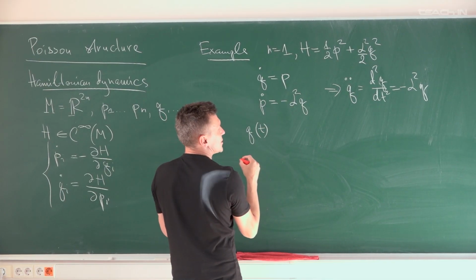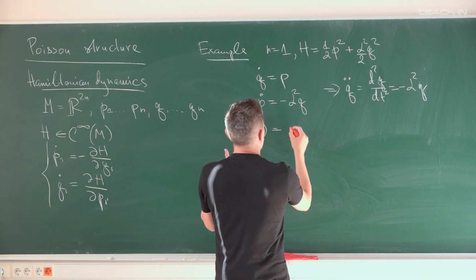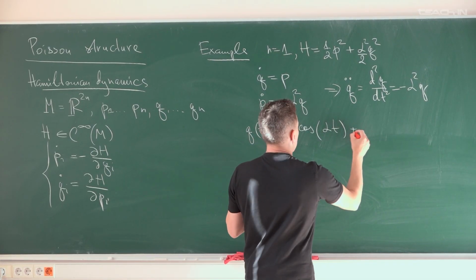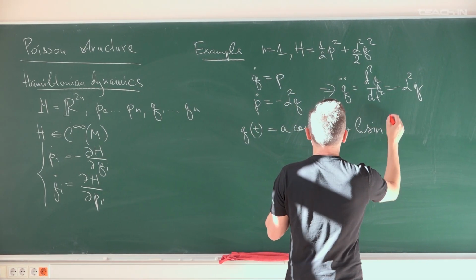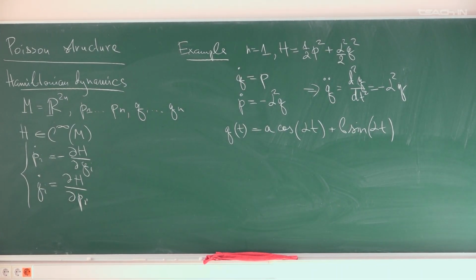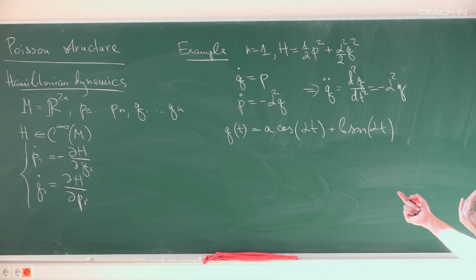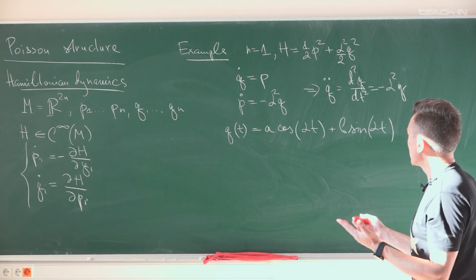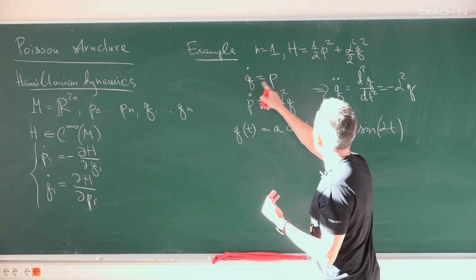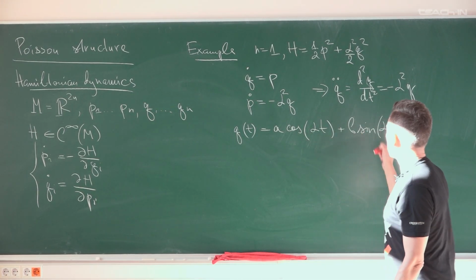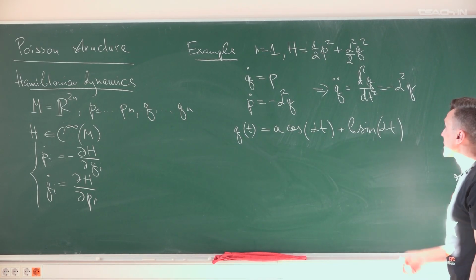So q depending on t is equal to a cosine of alpha t plus b sine of alpha t. This motion is called a harmonic oscillator, and it represents some oscillating object. Coordinate and momentum are related by this formula, and the coordinate is just some oscillating process.